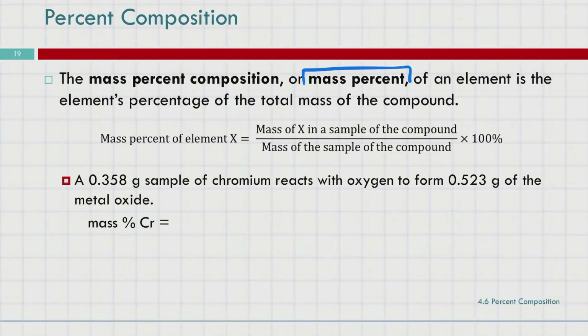So mass percent is that element's percentage of the total mass of the compound. So our mass percent of element, just whatever element you want, X, is the mass of that element in some sample of the compound over the total mass.